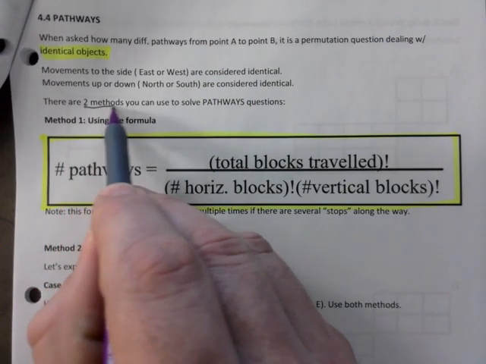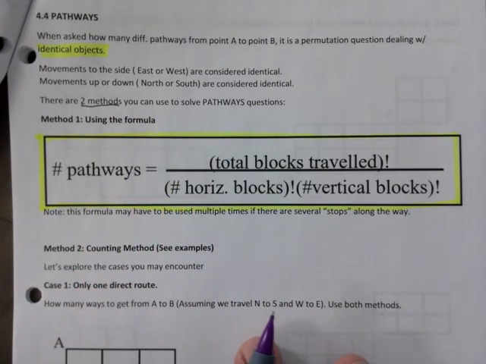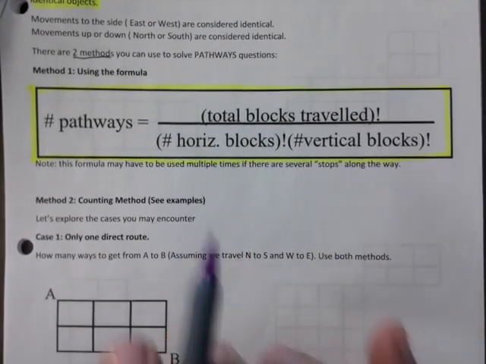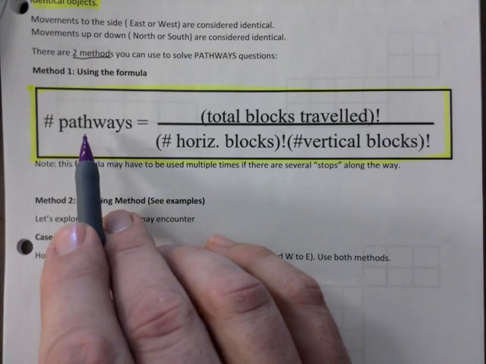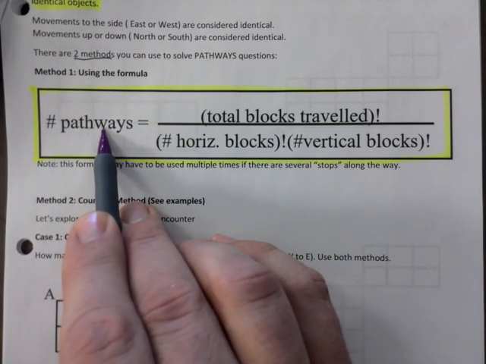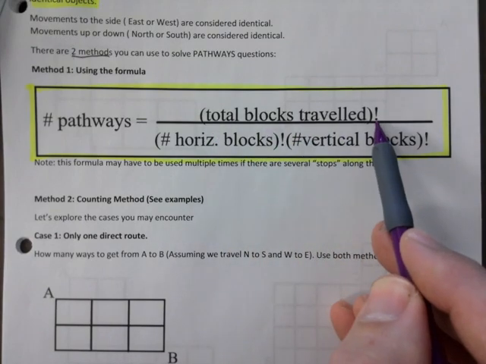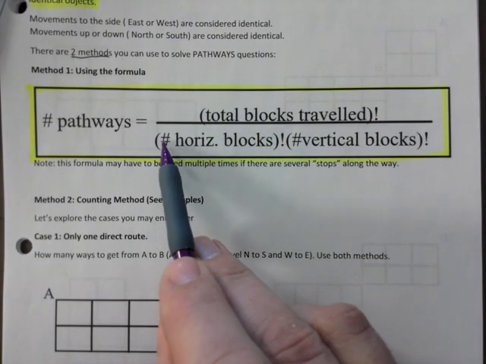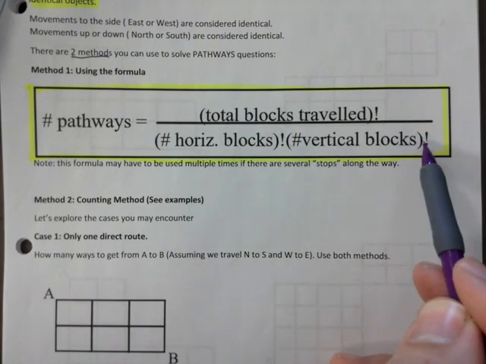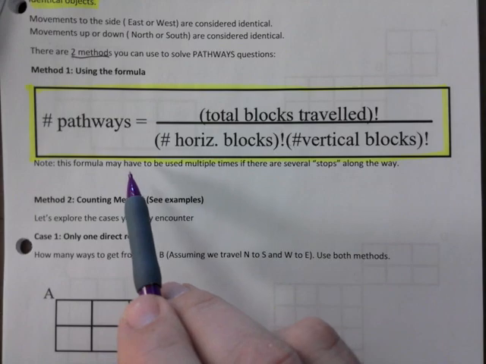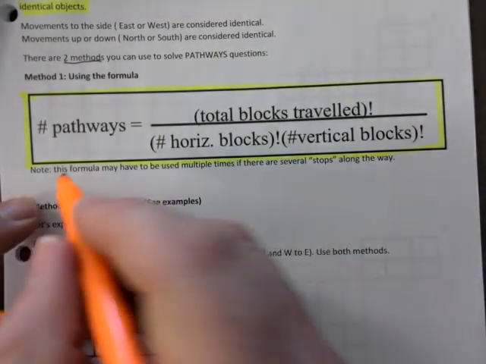There are two methods you can use to solve pathways. Okay. This is probably going to be the quickest way of doing it. I would really want you to know how to do it both ways, but the number of pathways, you go total blocks traveled factorial divided by the number of horizontal blocks factorial times the number of vertical blocks factorial. Okay, and note, I will have to give you a note here.